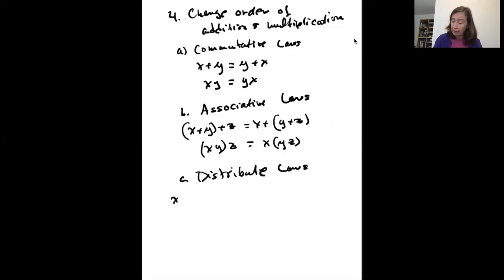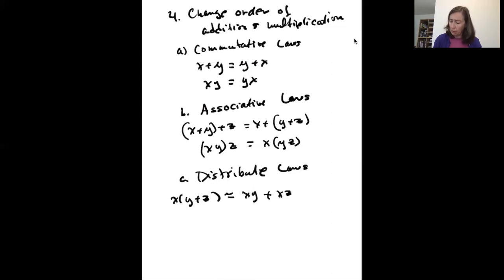So if we have x times (y plus z), we can either do the sum first and then multiply it by x, or we can multiply x times y and multiply x times z. So the order doesn't matter here. We're saying we're distributing x over the sum y plus z.